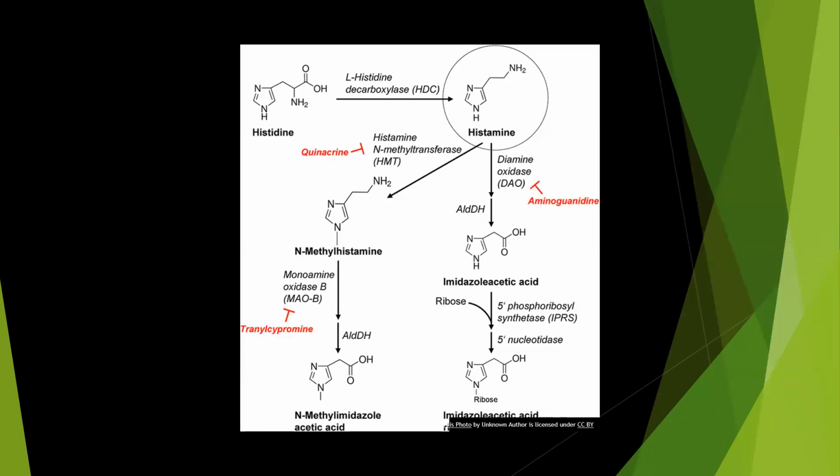It kind of blocks that conversion. And aminoguanidine is a very interesting chemical that affects diamine oxidase, the enzyme helping to convert histamine to imidazole acetic acid.